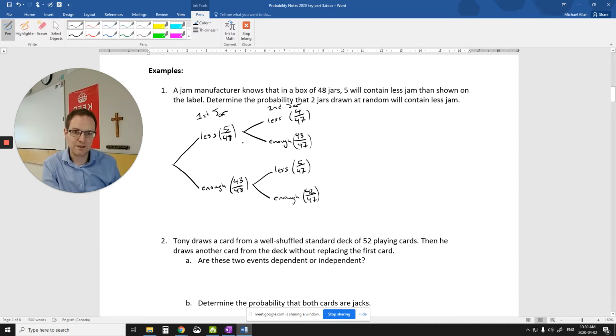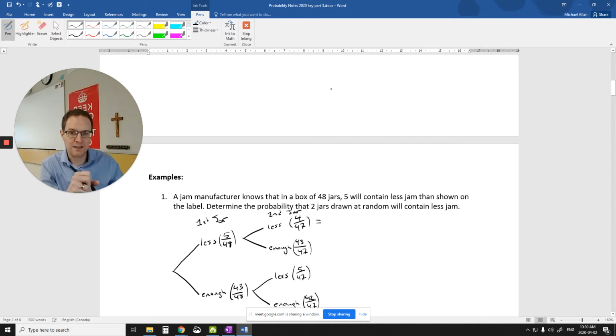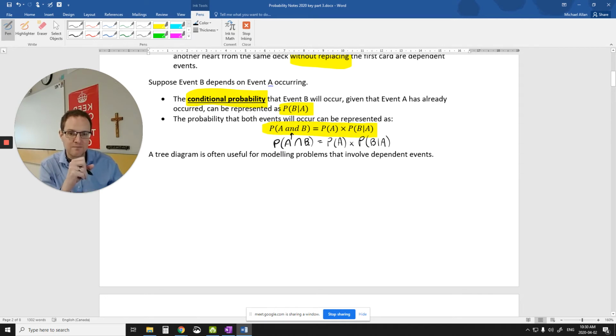Now the probability of getting 2 less, determine the probability that 2 jars at random will contain less jam, is up here. Now, if you go back to the formula that's up there, the probability of these two things happening at the same time is just the multiplication of the two probabilities.